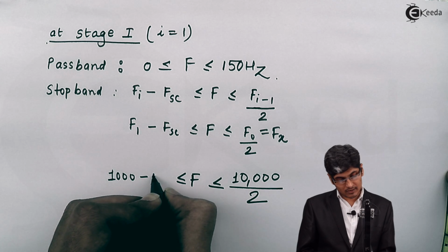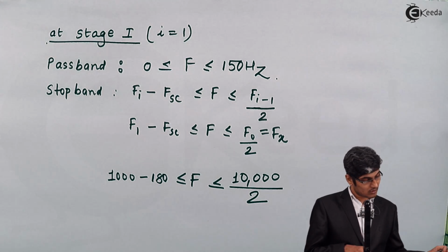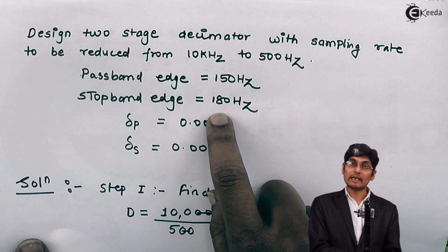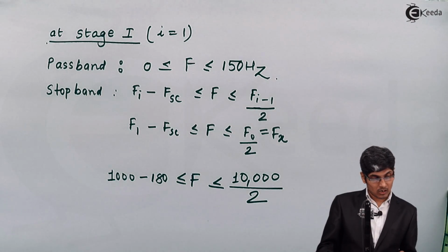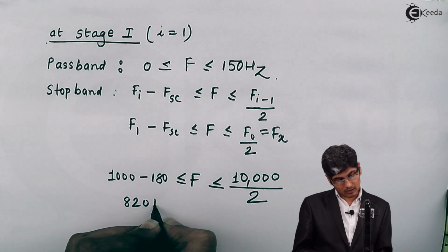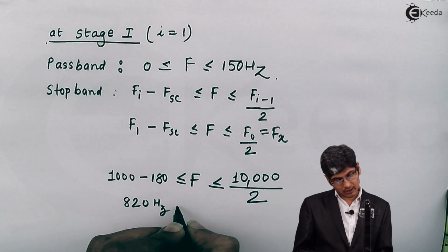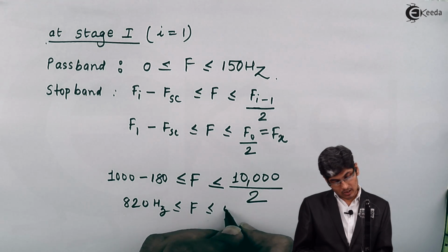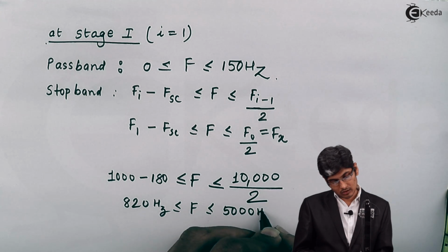FSC is 180, because in the problem the stopband edge is given at 180. So the calculation comes as 820 Hertz less than or equal to F less than or equal to 5000 Hertz.